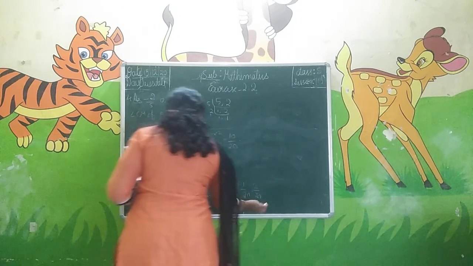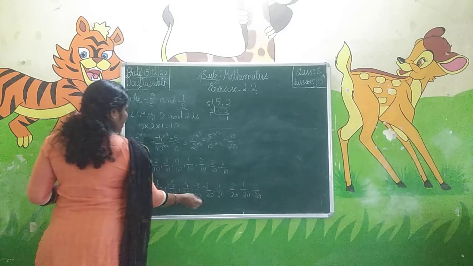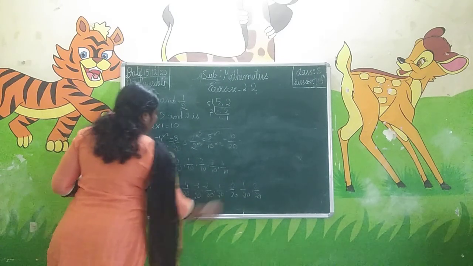Up to here we got totally 10 rational numbers. 1, 2, 3, 4, 5, 6, 7, 8, 9, 10.